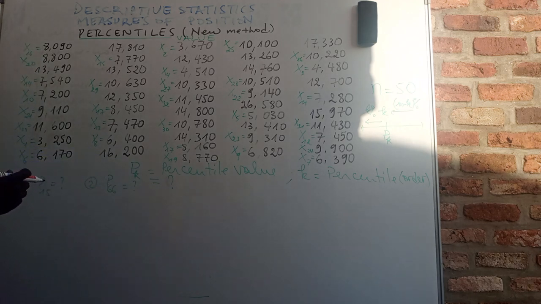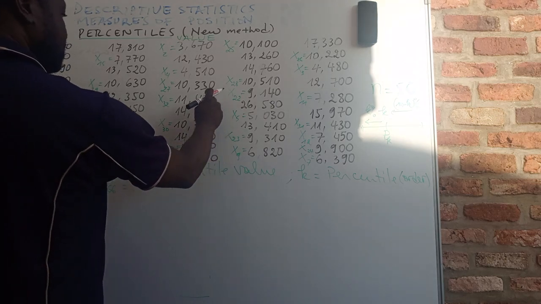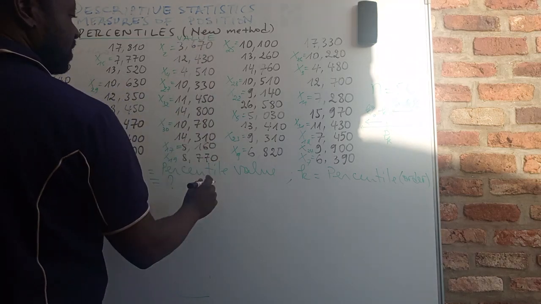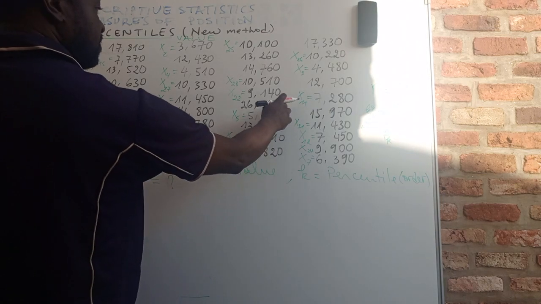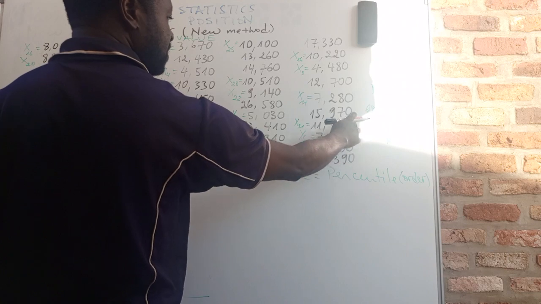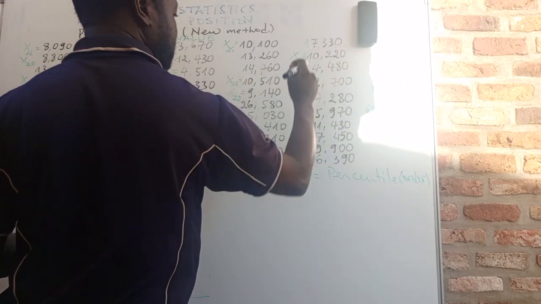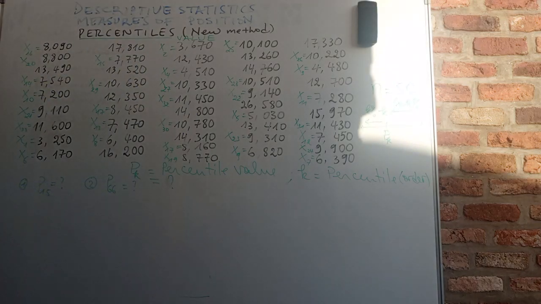It seems we have 9 here. So here we have 1, 2, 3, 4, 5. That's okay. So here we are missing an element.